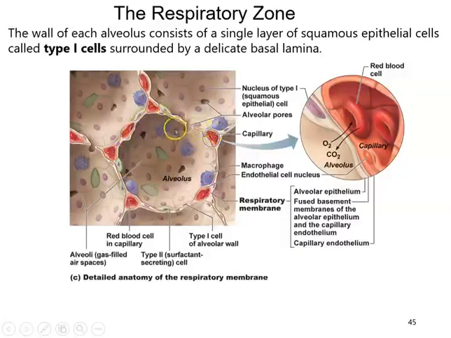And what that means is that gases can diffuse across it easily. And what they're trying to do is get the gases that flow in here. If it's oxygen, it can diffuse into the bloodstream, so into these capillaries, and carbon dioxide will diffuse into the alveolus from the blood.